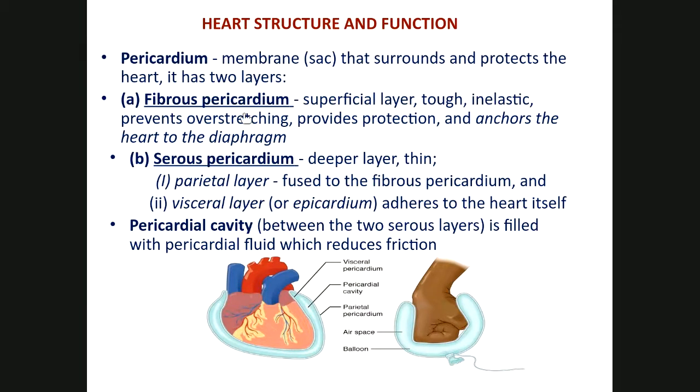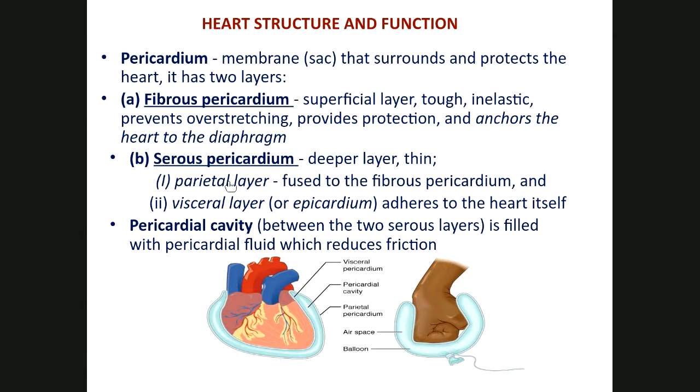The outer layer is the fibrous pericardium, which is a very thick, inelastic tissue that prevents overstretching of the heart, and it also anchors the heart along the diaphragm. The inner, deeper layer is called the serous pericardium, which has two separate layers.